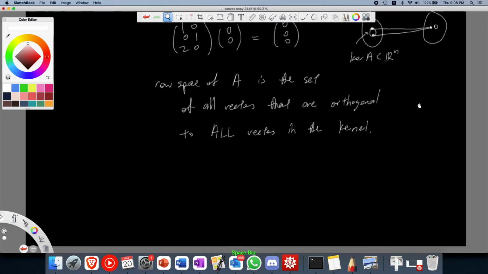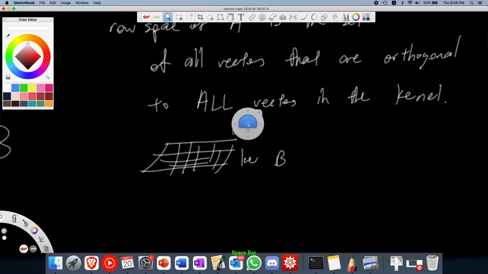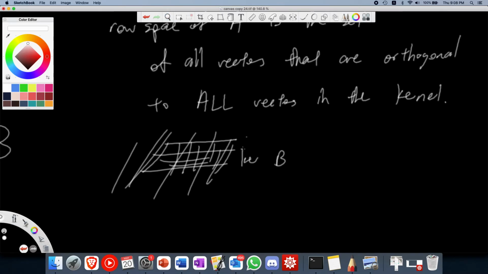Let's say we have a kernel for another transformation B that is a plane, some infinite two-dimensional plane. I draw a finite one here for illustration, but it's supposed to stretch out to infinity.